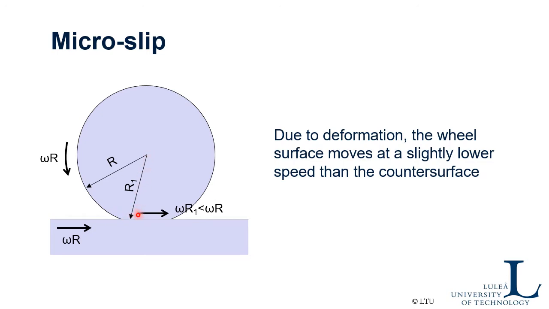So that means that the speed is lower here in the contact, and still the road is moving with omega r. So there is a slip, there is a sliding friction component here, and that sliding friction component creates the rolling resistance or the rolling friction of this tire due to microslip.